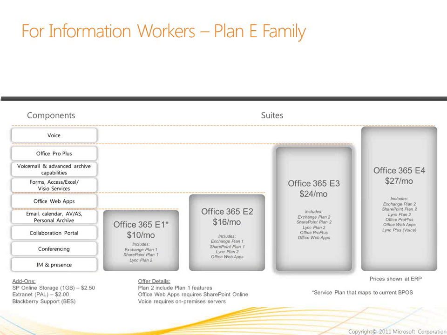Same thing with SharePoint and Lync and Office Pro Plus. They all could be purchased a la carte. If you're going to do multiples, these suites end up cheaper, but in some cases, a la carte might be the way to go.